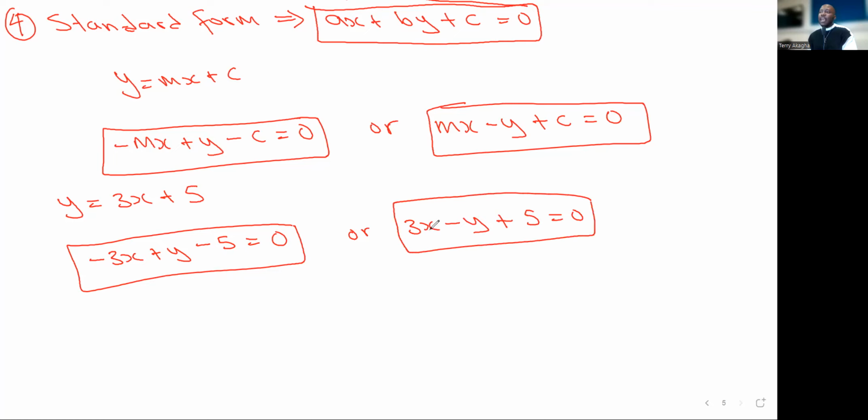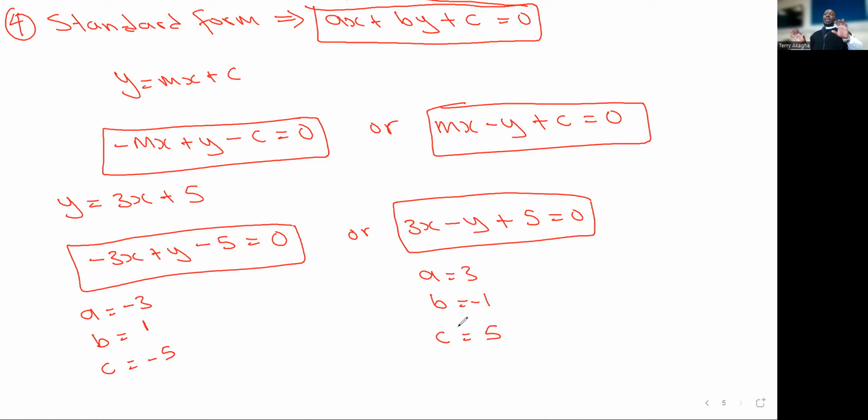So in this case now, if you look at this, our a is what? Minus 3. So the a is basically the number in front of x. The b is the number in front of y. In this case, it's 1. And the c is going to be minus 5. Are you seeing it? In the other version, our a is 3, our b is minus 1, and our c is 5.